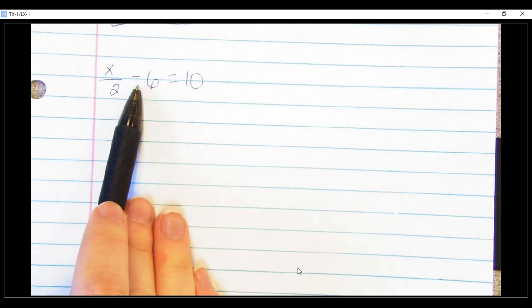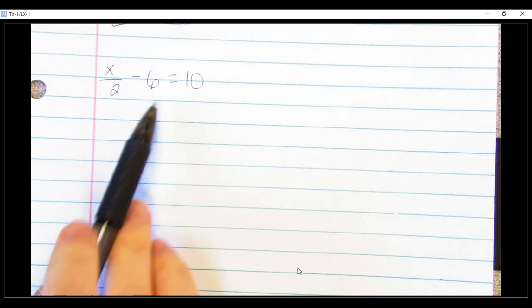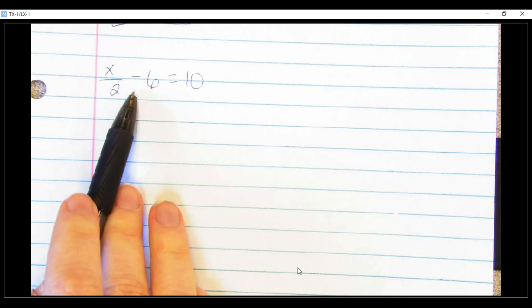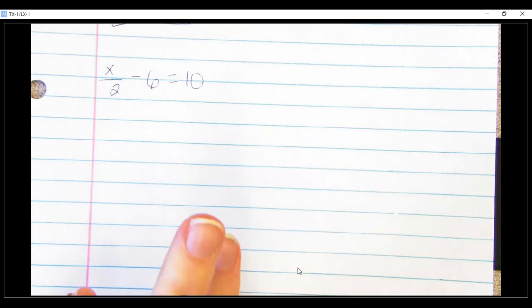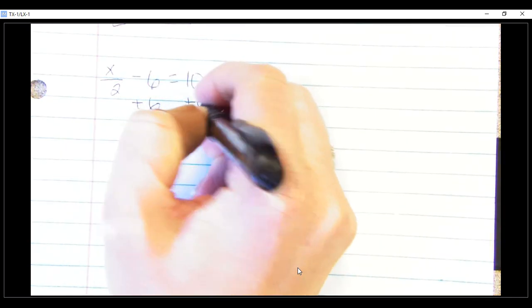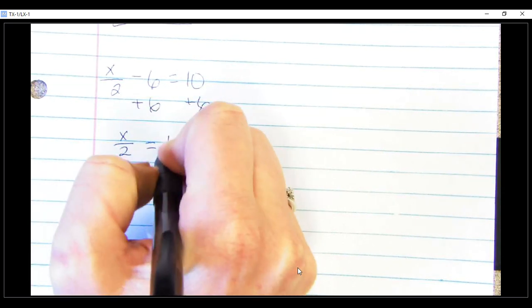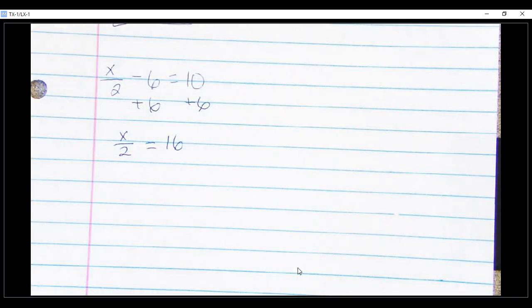But this minus 6 is kind of out on the outskirts, so we're going to get rid of him first. So we have minus 6. Again, since it's a negative 6, I can do the opposite operation, which is adding 6. And I now have x divided by 2 is equal to 16.